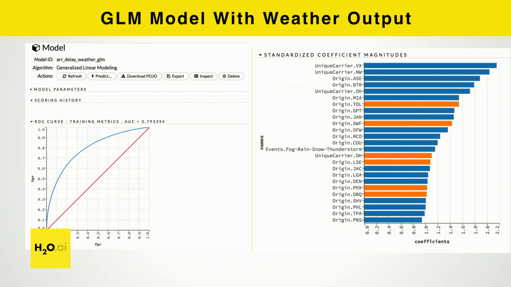The unique carriers that mattered before still matter, with the exception that now you have events: fog, rainstorm, snow, thunderstorm in there at the top 20. So obviously, if the weather is dreadful and you have fog, rain, snow, and thunderstorm all at the same time, which is what that level means, you're more positively correlated with being delayed.